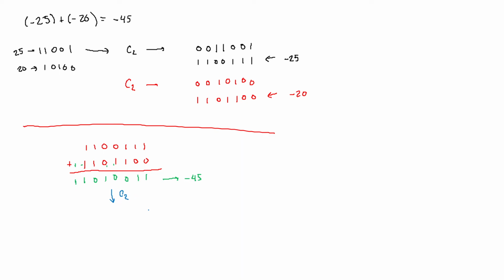So I'm going to leave everything as it is until I find the first one, and then I'm going to change zeros for ones, and that is 0, 1, 1, 0, 1, 0, 0. Okay, and this number actually is a 45.